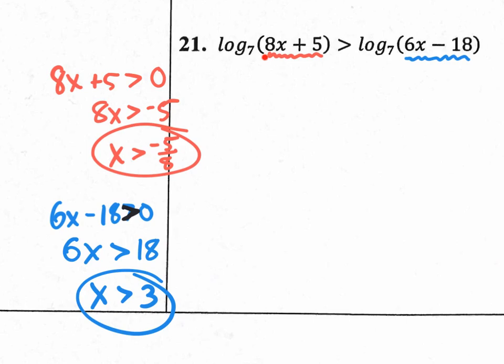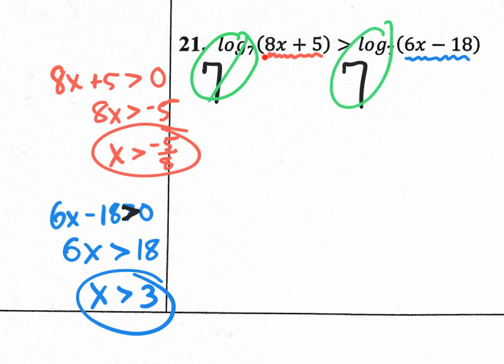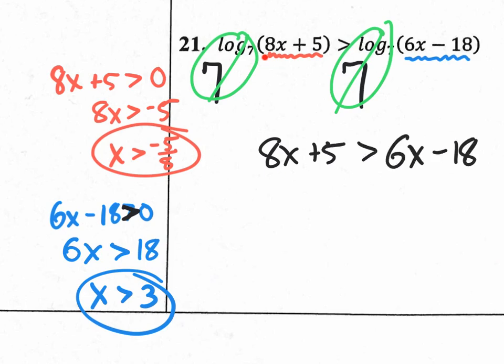Now, my third possible answer will be going to the original entire logarithmic inequality and raising both sides to become powers of base 7. That way, 7 to the log base 7 eliminates, 7 to the log base 7 eliminates. We end up with 8x plus 5 is greater than 6x minus 18. And we want to get x by itself on one side, so if we subtract 6x, we'll end up with 2x plus 5 is greater than negative 18.